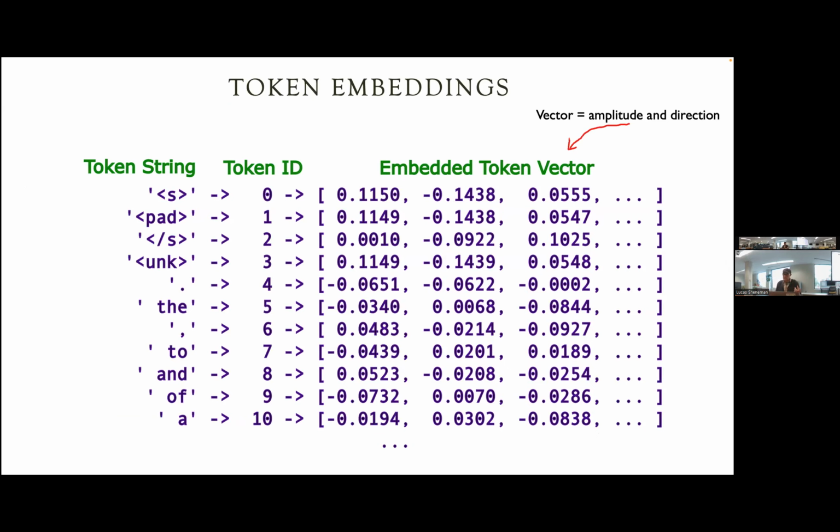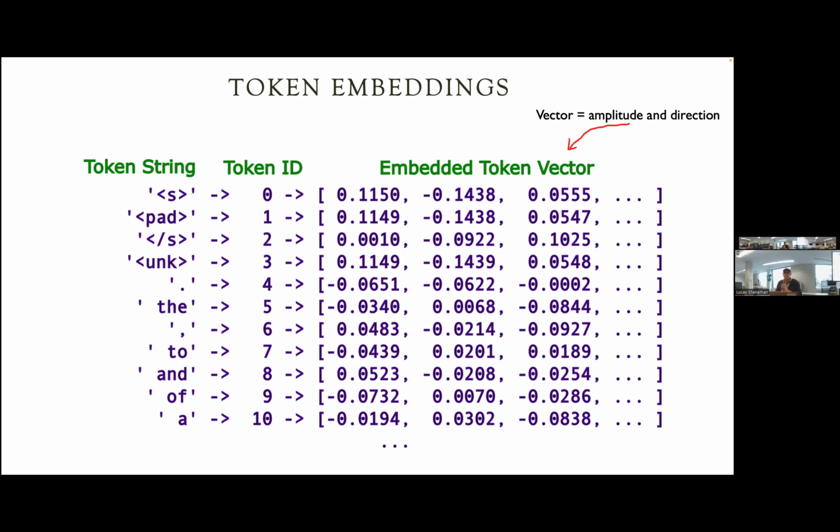The embedding vector is actually this really long set of floating point numbers. In the case of GPT, at least GPT-3 uses embedding vectors that are 12,888 floating point values long, right?